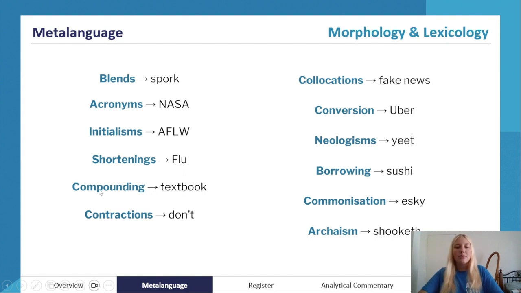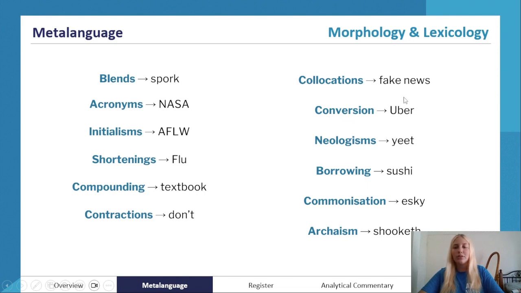Compounding, textbook, putting two words together, but not blending them so it's not only parts of them like in a blend, but actually putting them together. So text and book, making one word. Contractions, don't. You always see this symbol whenever something is a contraction. So won't is a contraction of will not. Don't is a contraction of do not. Collocations, an example is fake news.